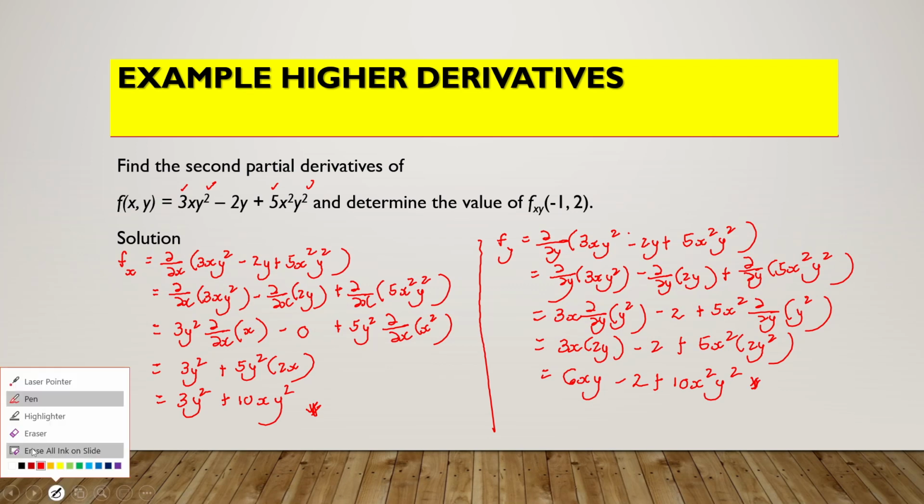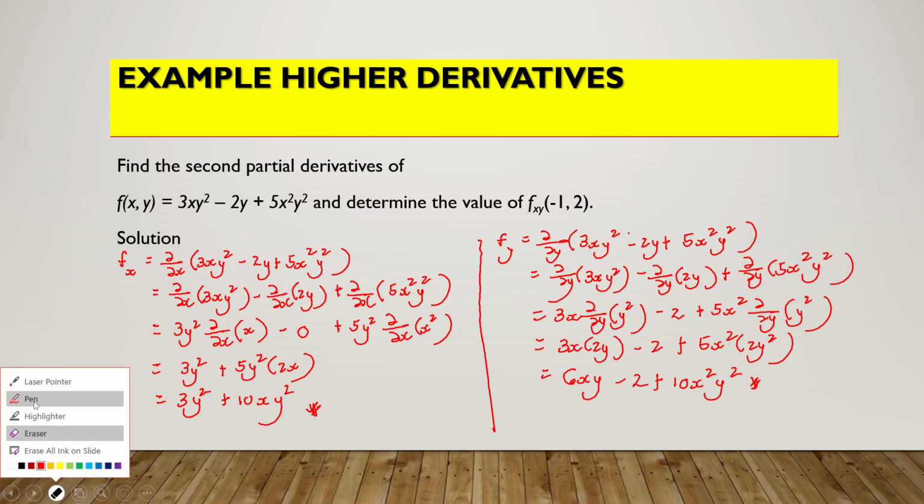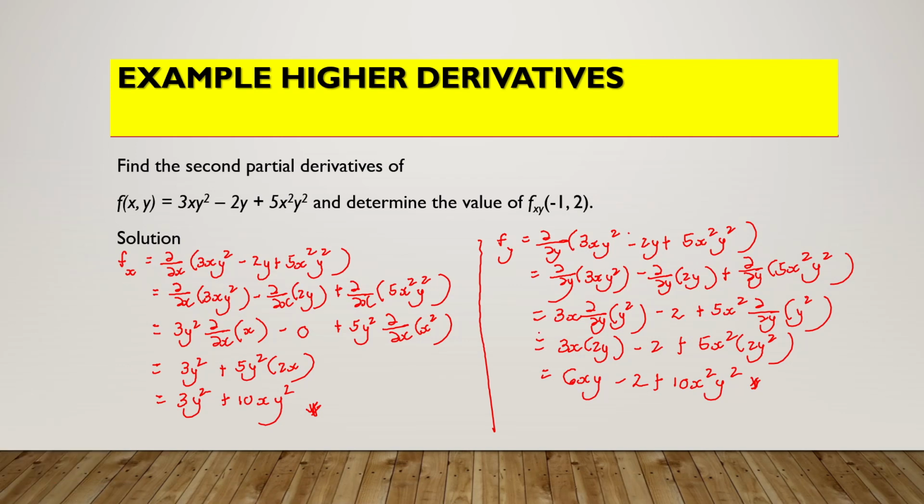Let's check the answer. When you del del y, 3x is constant, del del y of y squared is 2y, so 6xy. This one you get negative 2. When you del del y, this is constant, del del y of y squared is 2y, so total 10x squared y.